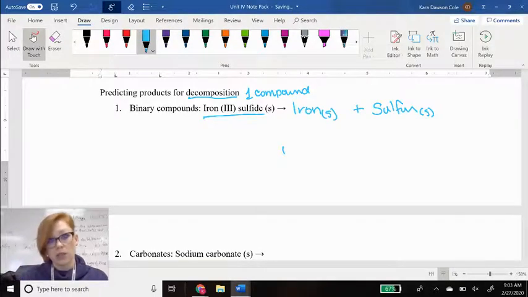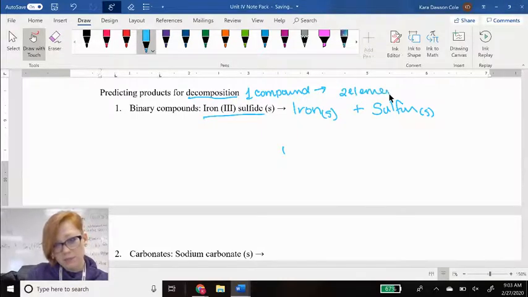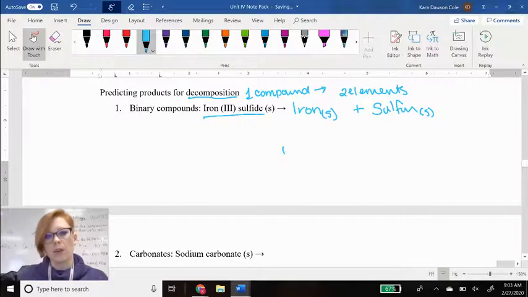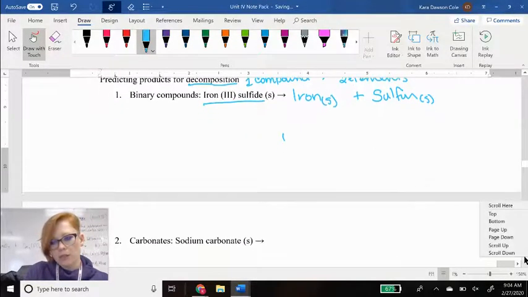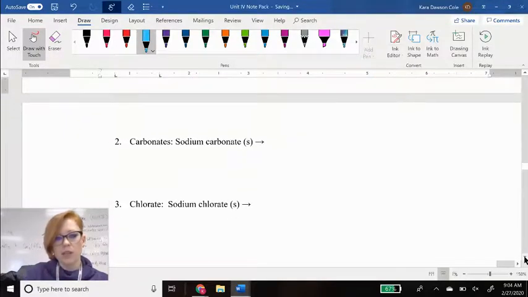It breaks up into two elements. So one compound goes to two elements. That's for a binary. My carbonates are a little different. If you want to write the balanced chemical equation for iron 3 sulfide yields iron and sulfur, have at it.